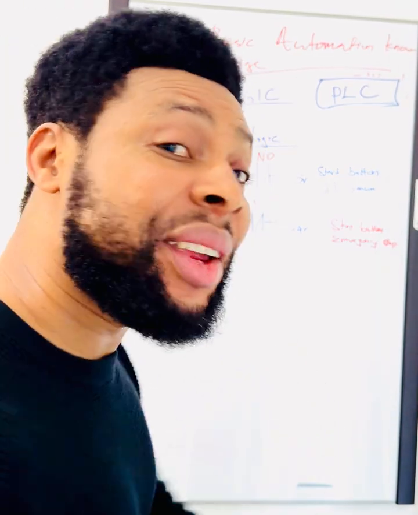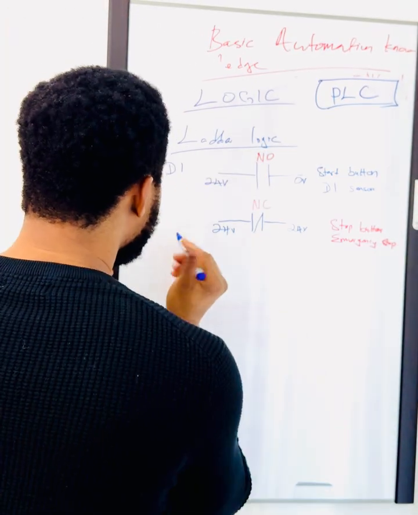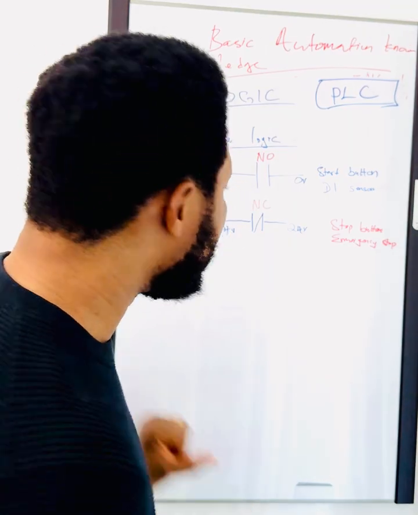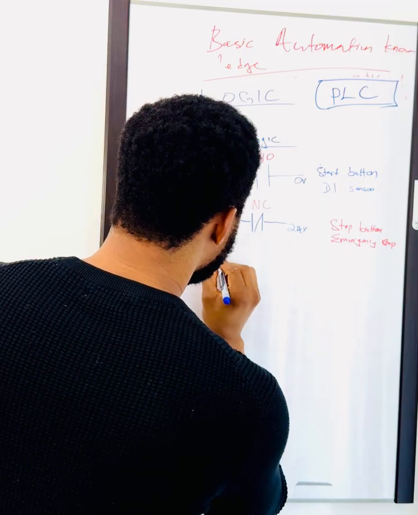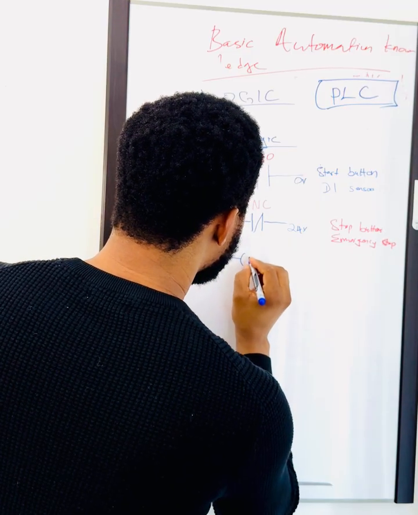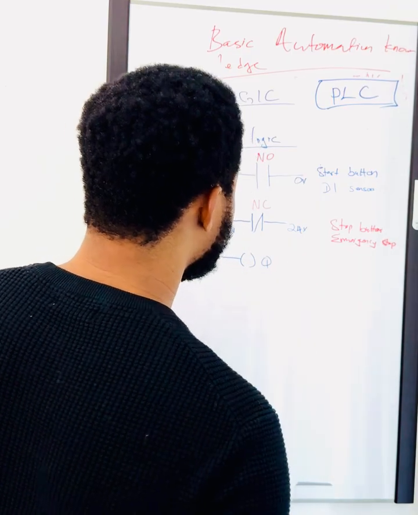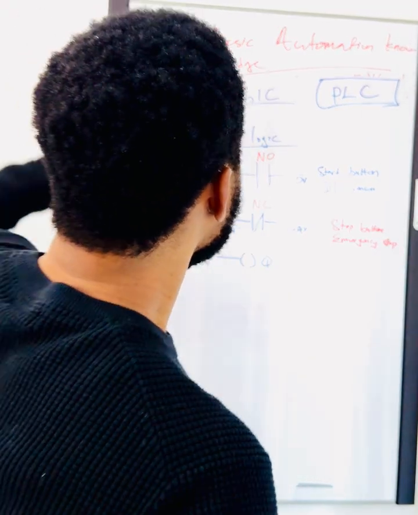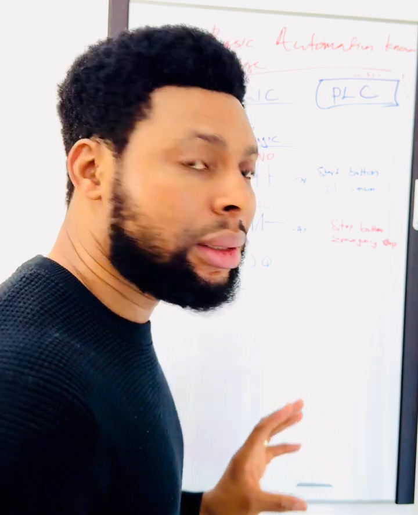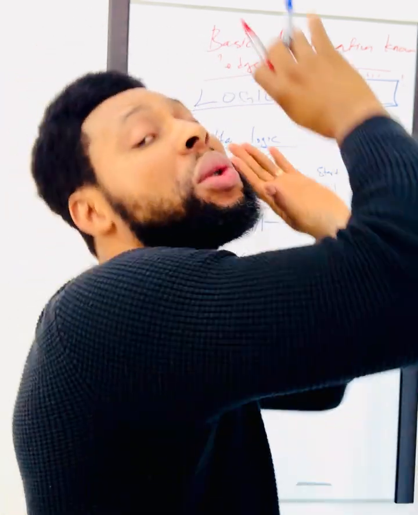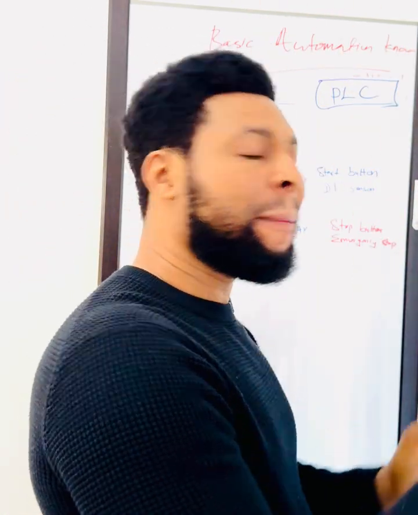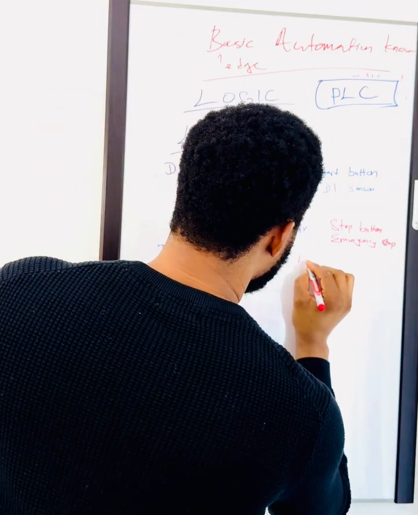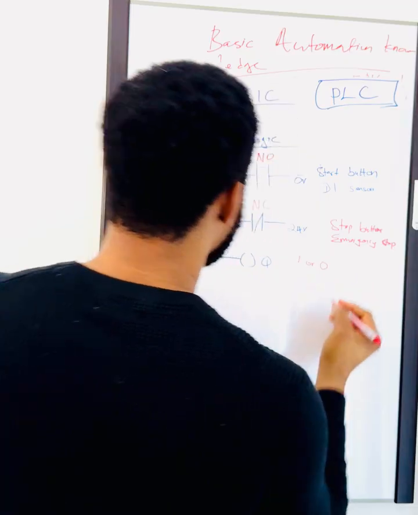Now, the next thing that you need to understand is your digital output. In ladder logic, it is represented as this, like Q. So when this input comes in, what is going to be the result that it will send? This output can either be 1 or 0.